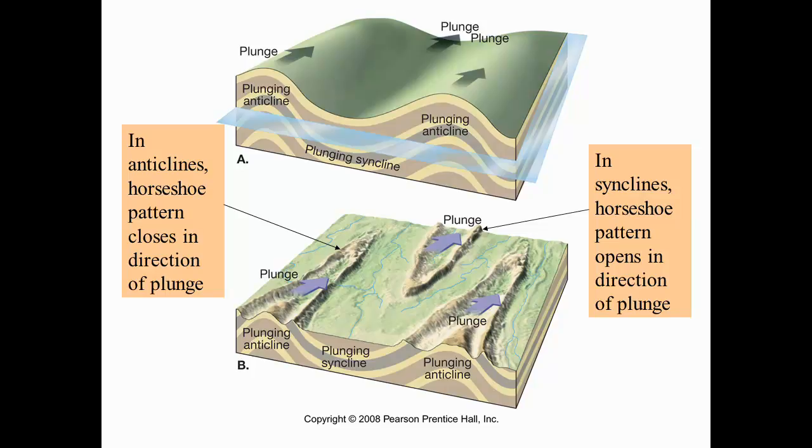The purple directions are showing the direction that the folds are plunging into the ground. In the horizontal plane in the upper diagram, what we've done is eroded the upper parts of the folds down to that horizontal plane and removed the plane, so that now in the lower diagram we're looking at the resulting structures after erosion as they appear on the surface.